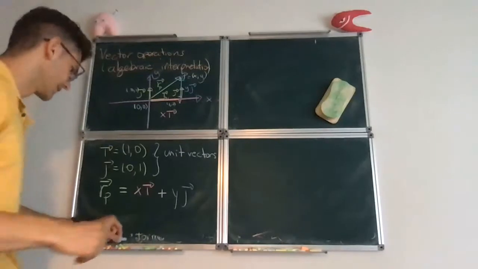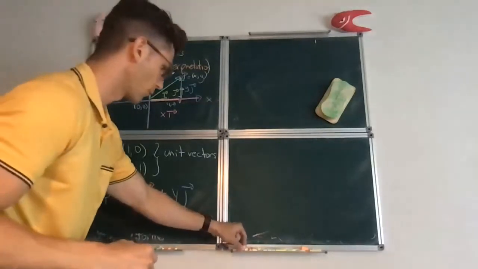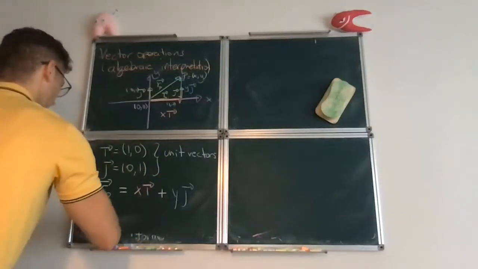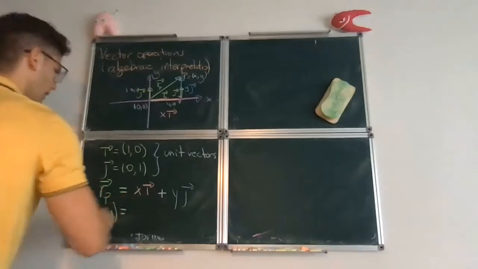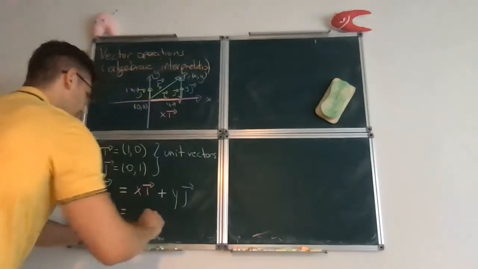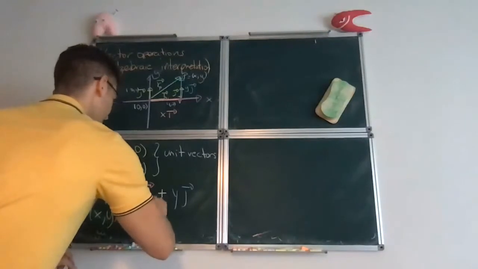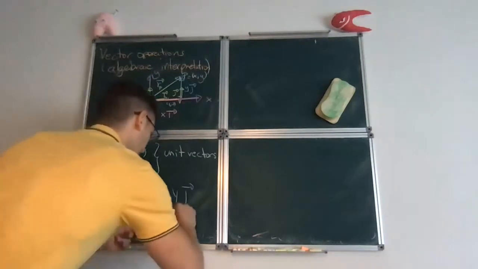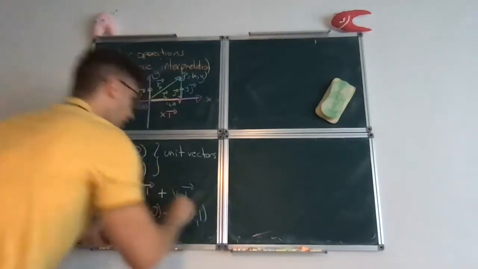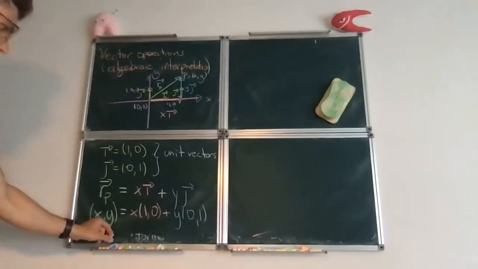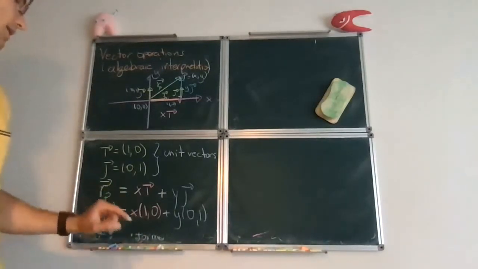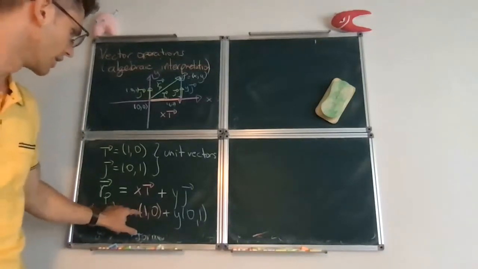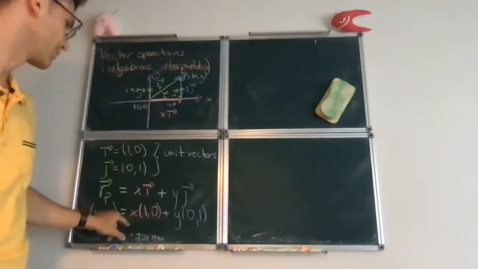And if you break this into a more familiar way, notice that this is just representing the point x comma y. So I'm just saying that the point x comma y can be rewritten as x times 1, 0 plus y times 0, 1. Which sort of makes sense because, what is x times 1, 0? Well, you multiply each entry by x.